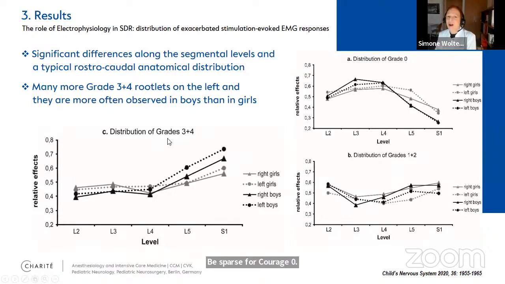And comparison of grade 3 and 4 prevalence showed that there were more higher graded rootlets on L5 and especially on S1. And please note also the lateral distribution. We have found many more grade 3 and 4 rootlets on the left, and they are more often observed in the boys than in the girls.